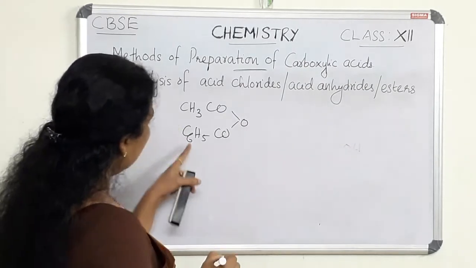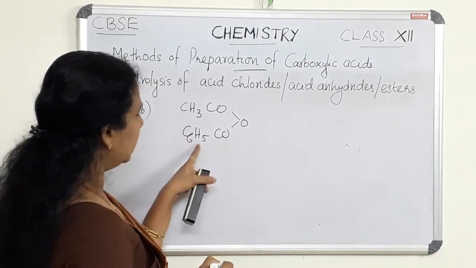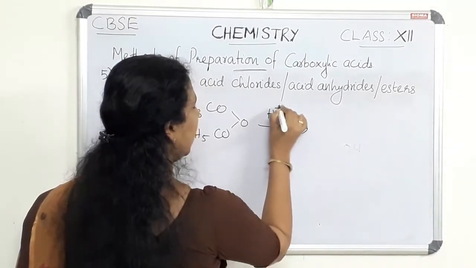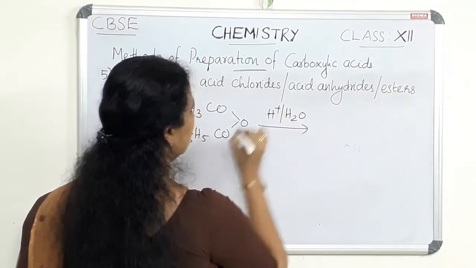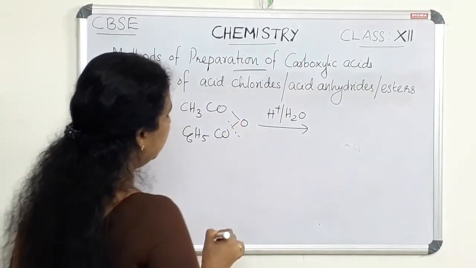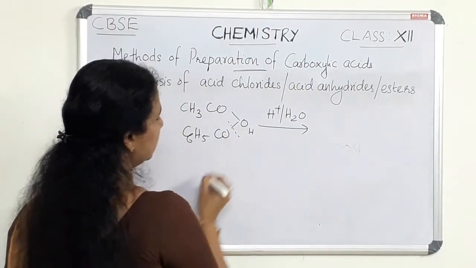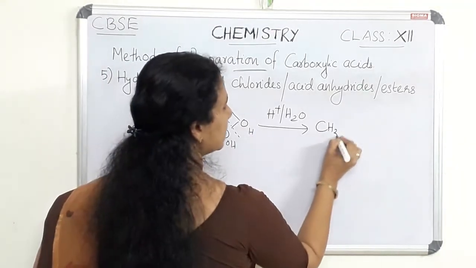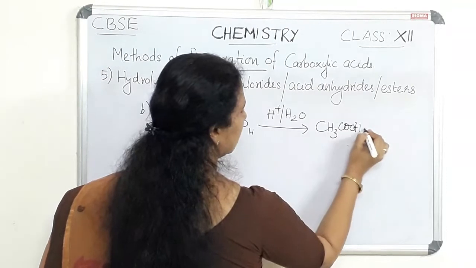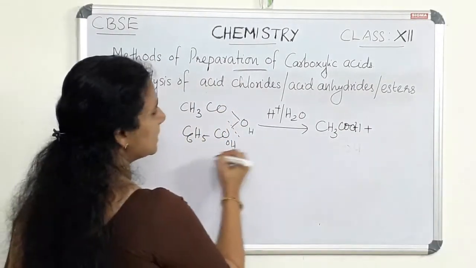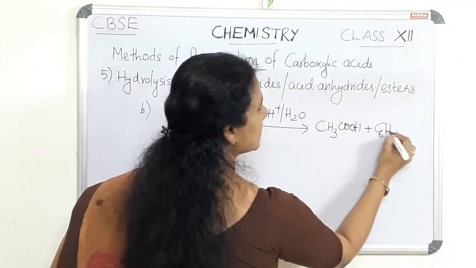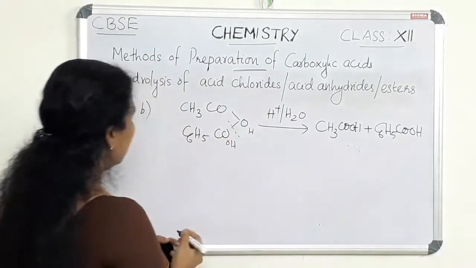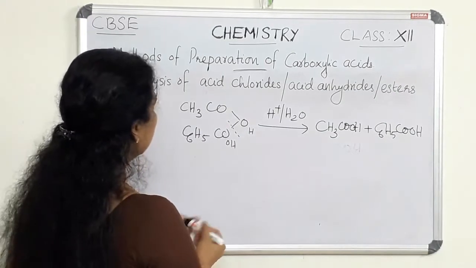So here we have taken different alkyl groups in the acid anhydride. This upon hydrolysis, what will be the products? Here H will be attached, OH will be attached here. So we will get CH3COOH plus C6H5COOH.